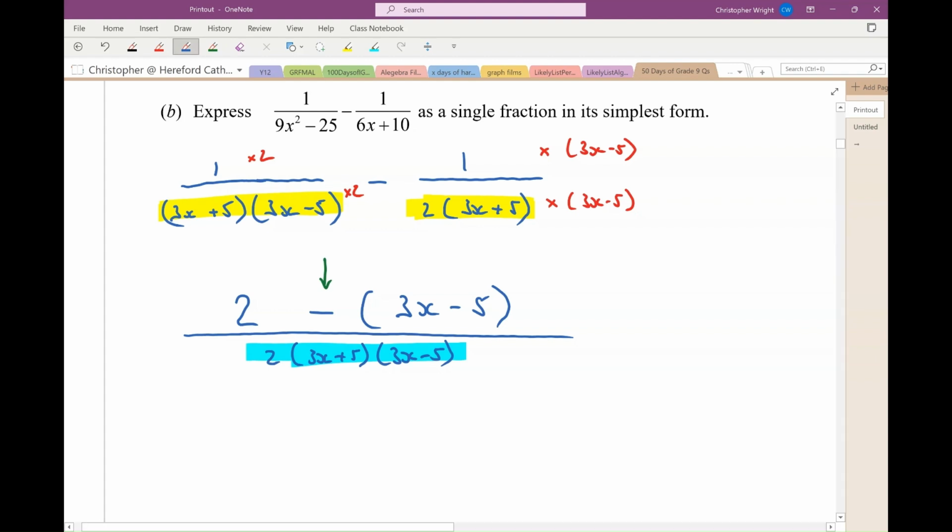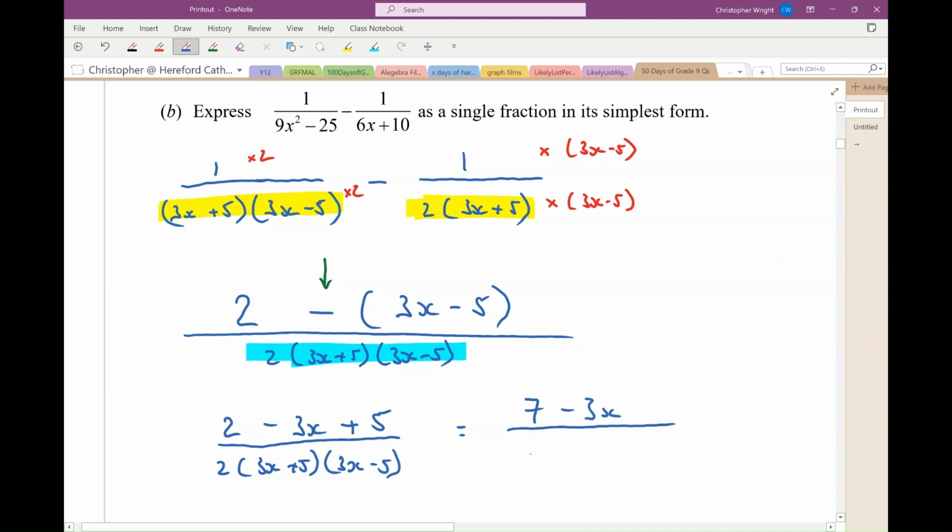So what I'm going to have is 2 minus 3x plus 5 all over 2 lots of 3x plus 5, 3x minus 5. So that is going to be 7 minus 3x over 2 lots of 3x plus 5 and 3x minus 5.